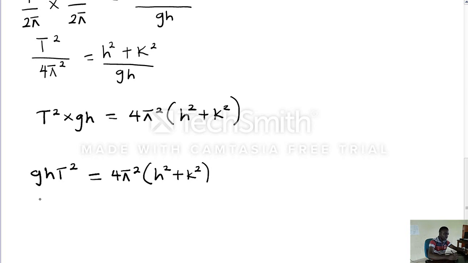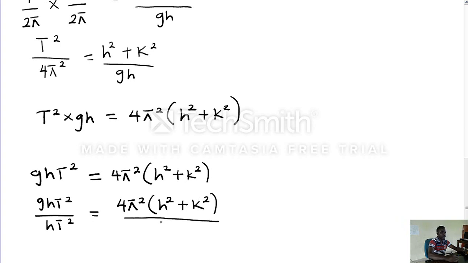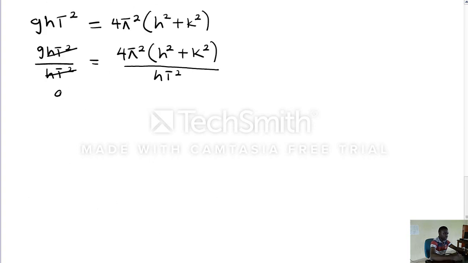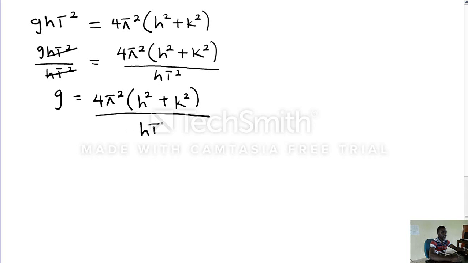Dividing both sides by ht squared, we are going to have ght squared divided by ht squared is equal to 4 pi squared into bracket h squared plus k squared divided by ht squared, of which ht squared will cancel ht squared, leaving us with g is equal to 4 pi squared bracket h squared plus k squared all divided by ht squared.